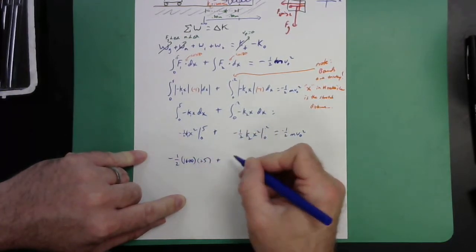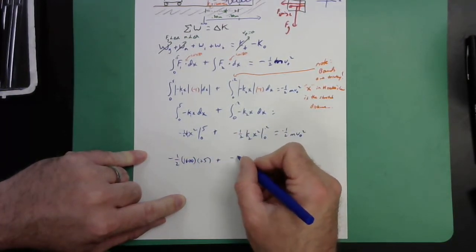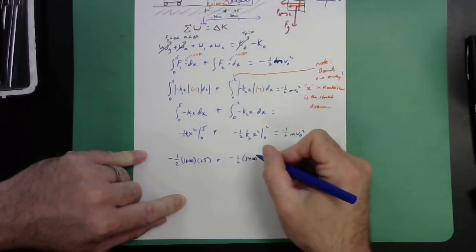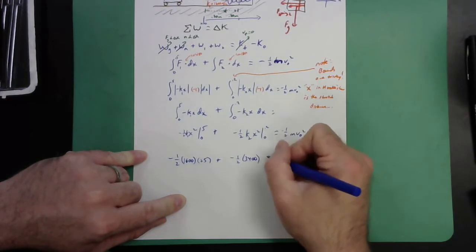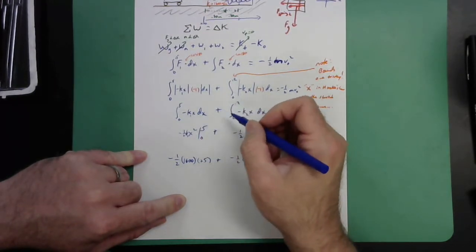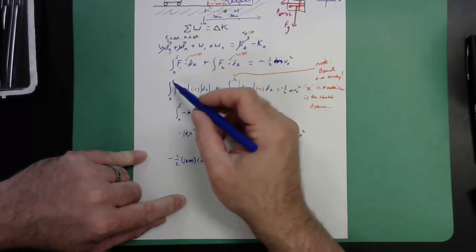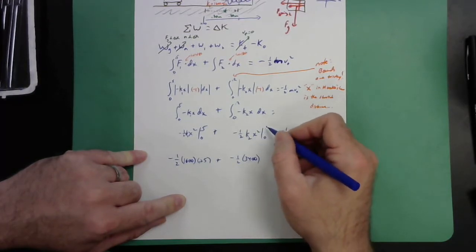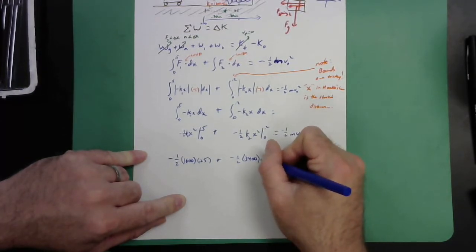Coming over here, I'm going to have a minus 1/2 times 3400, my second spring constant, times x squared, that's going to be 0.2 squared. Oh my gosh, that's a 0.5 squared, isn't it? Sorry, yeah, that's a 0.5. 0.5 squared would be 0.25. There we go. Times 0.2 squared, that'll be 0.04.